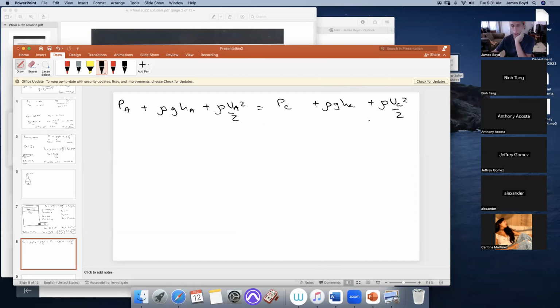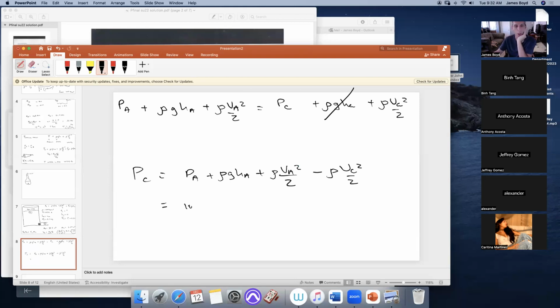That's just Bernoulli's equation. But I said HC was 0, and I need to move this over, so I'm going to flip around the whole equation. All I've done is change sides. I get PA plus rho g HA plus rho VA squared over 2 minus rho VC squared over 2.